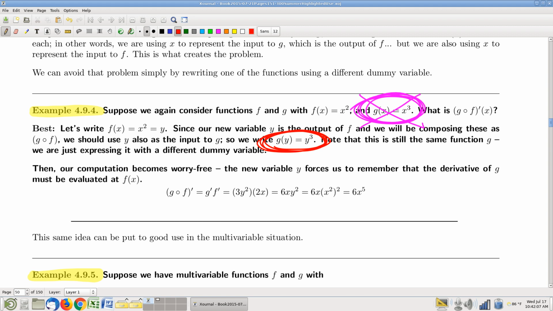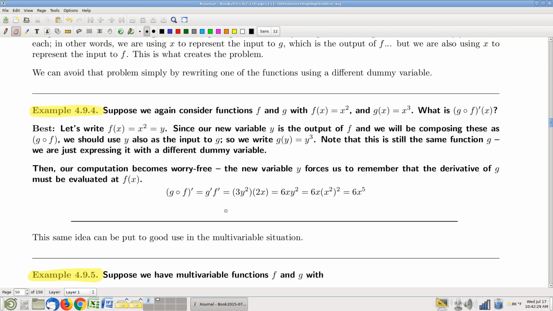I don't have to consciously remember don't forget to plug in the function. The variables keep track of everything for us now. Right? So specifically, I can be as sloppy as I want in writing down the chain rule. Composition prime is g prime times f prime: 3y squared times 2x.